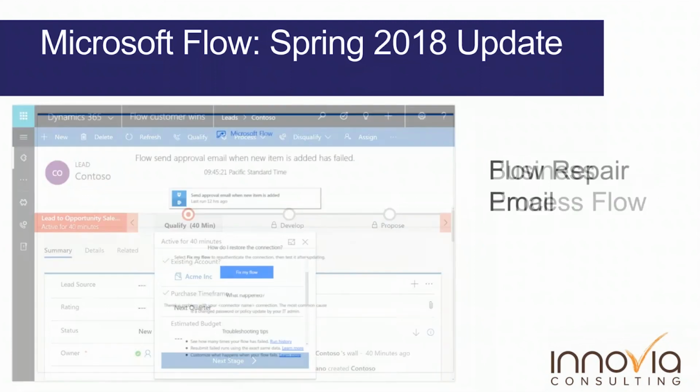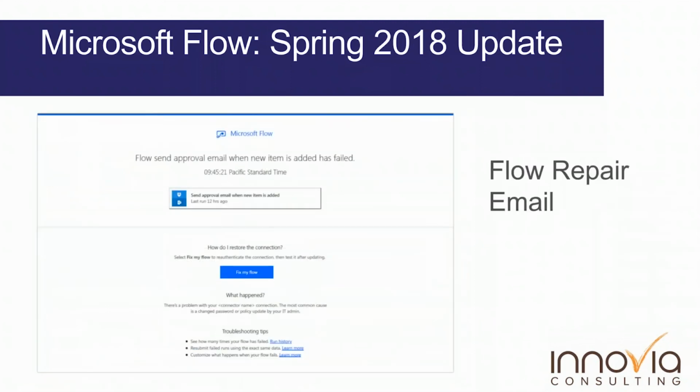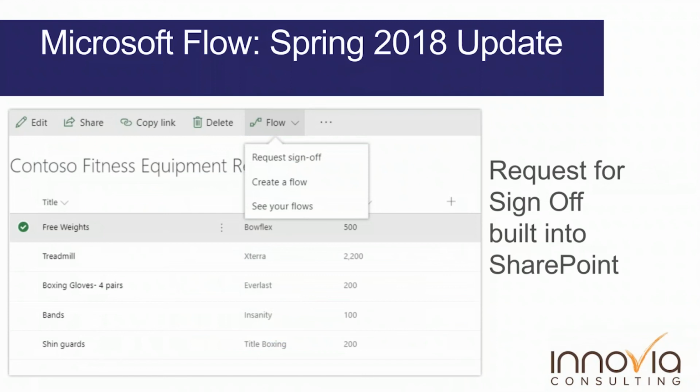They've also included some email repairs so that if we've had a flow that's errored out, it'll notify the person that owns that flow so they can go in and take a look at that. Some sign-offs with SharePoint and other documents so that if we want approvals, we can begin to request sign-offs. We can also monitor the status of those and create flows right off of that to escalate our request.